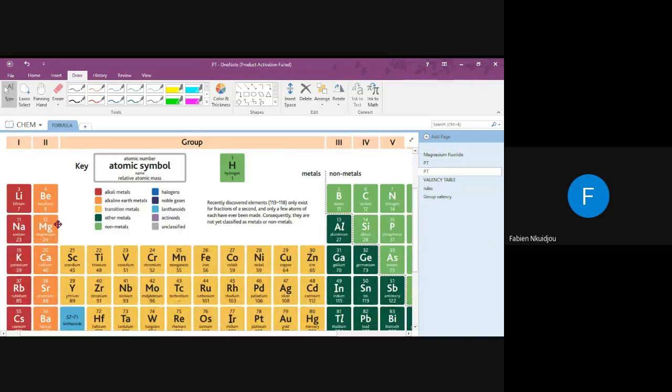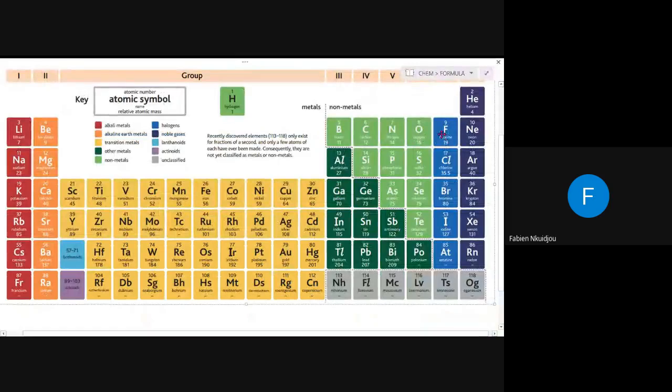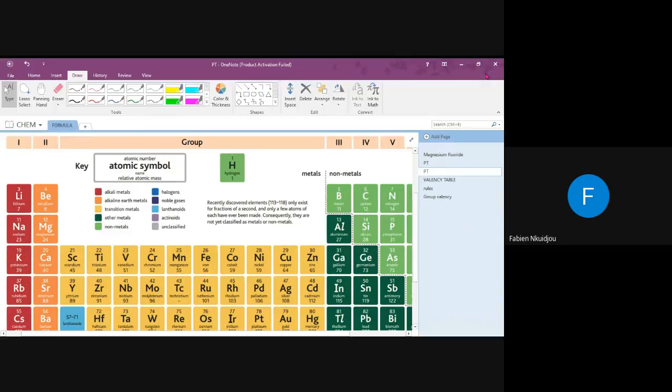Here we find magnesium. The symbol of magnesium is uppercase M and lowercase g. Here we have fluorine, uppercase F.